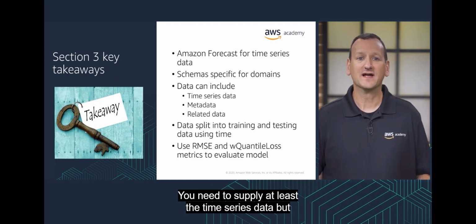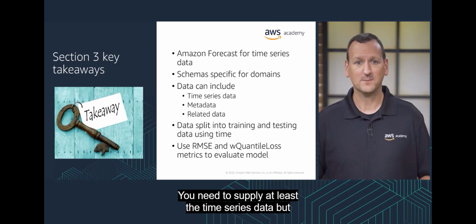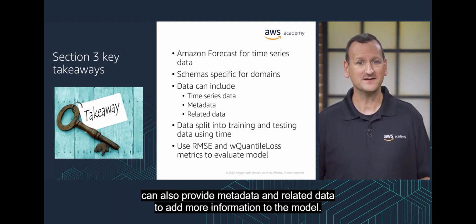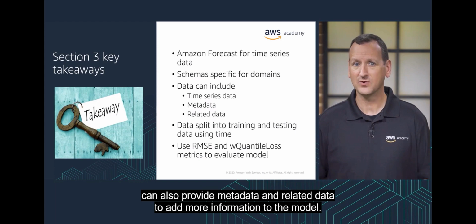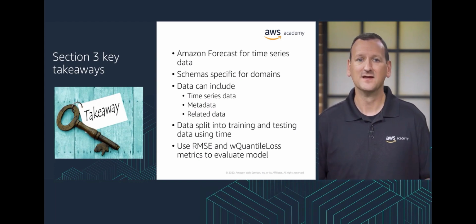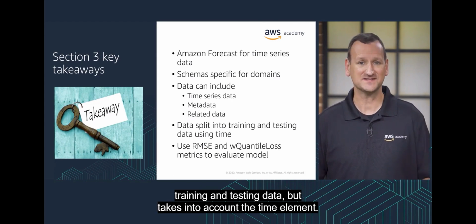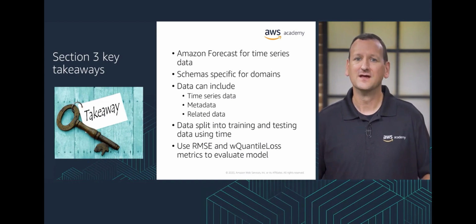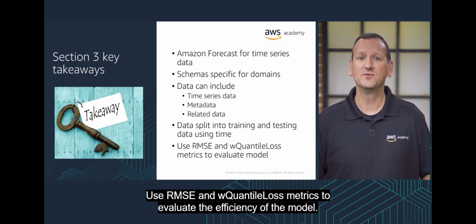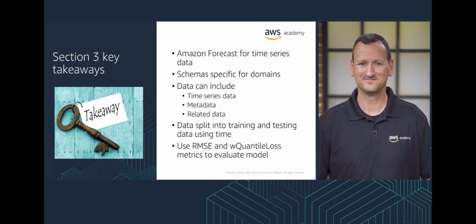You need to supply at least the time series data, but can also provide metadata and related data to add more information to the model. As with most supervised machine learning problems, your data is split into training and testing data, but takes into account the time element. Use RMSE and W quantile loss metrics to evaluate the efficiency of the model.